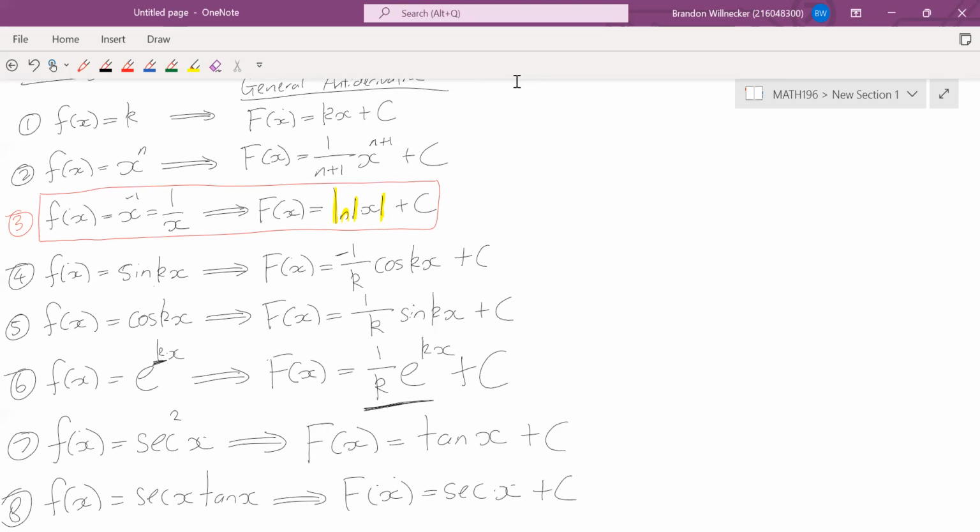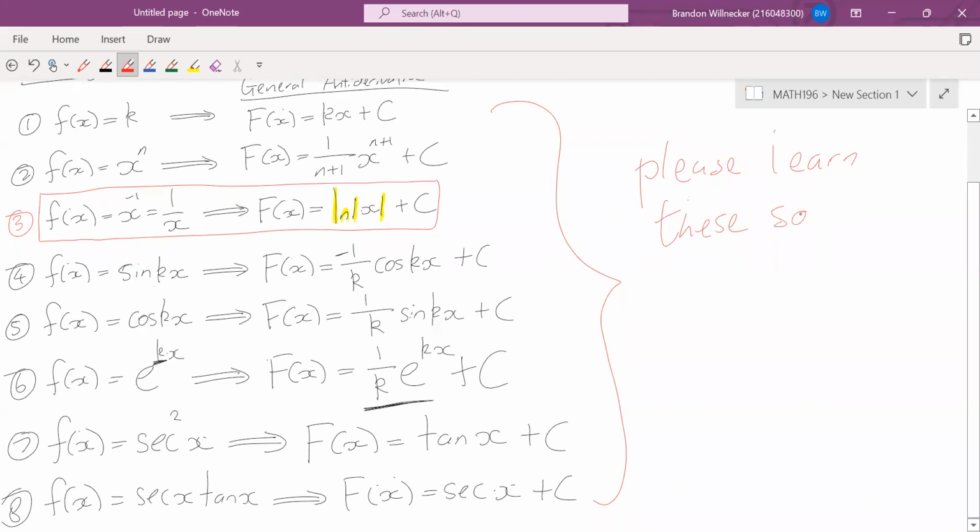Okay, any other questions on these? Okay, so I just want to make one last note here with these. So please learn these, so you don't have to look them up when doing problems.